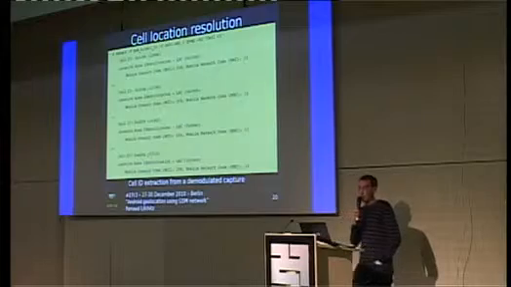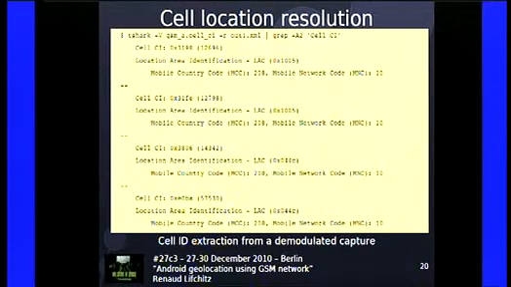And here is the result from the demodulated capture. TShark is basically Wireshark in console mode, so this is a console version of Wireshark. I take the decoded capture as an XML file here, and I just apply a filter in order to only keep the packets with cell IDs, right?